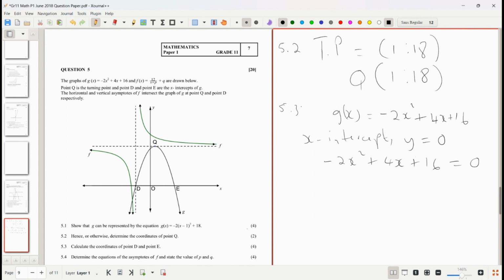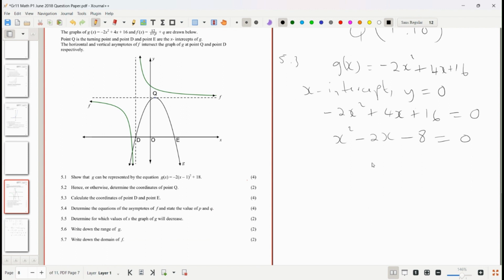We can just divide by negative 2 everywhere. We'll have x squared minus 2x minus 8, all equal to 0. So what we need to do now is find the factors of x squared and 8, for which we add or subtract to get negative 2, right?